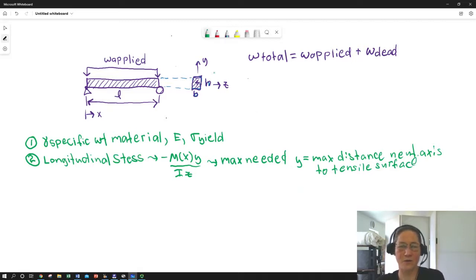Our Iz will just follow the formula for a rectangle, and we'll sketch out what this is. We know that our neutral axis is going to go through the centroid, which, from the standpoint of the y-axis, is at h over 2. We're just going to fill in a few of these while we're at it.